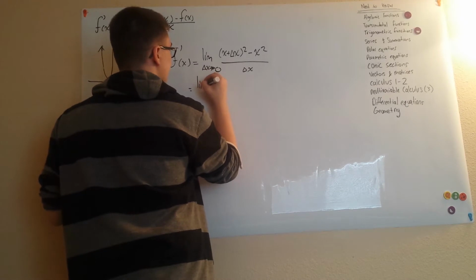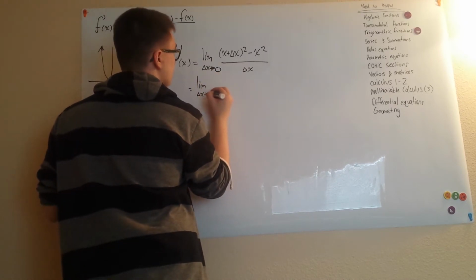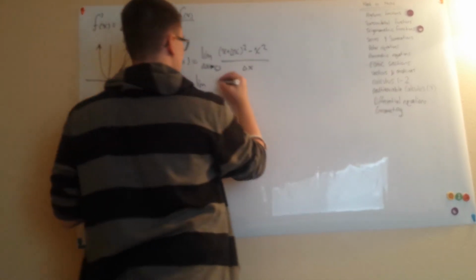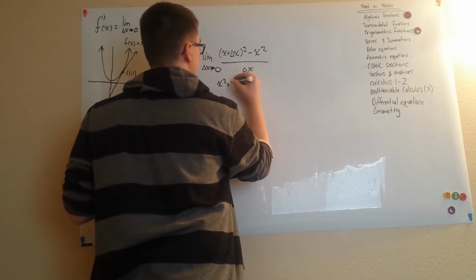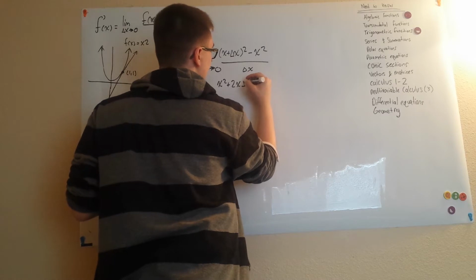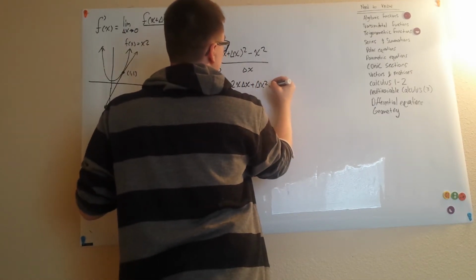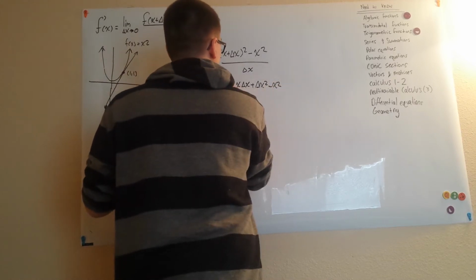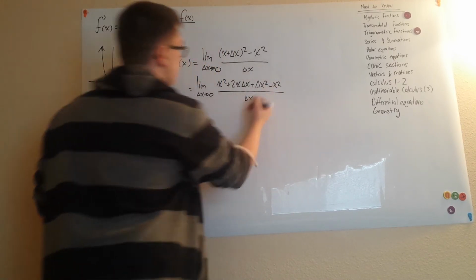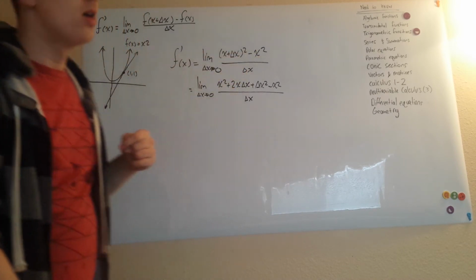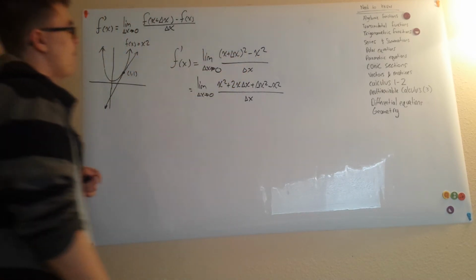This is equal to the limit as delta x approaches 0 of x squared plus 2x delta x plus delta x squared minus x squared, over delta x. That's if you just simplify that.